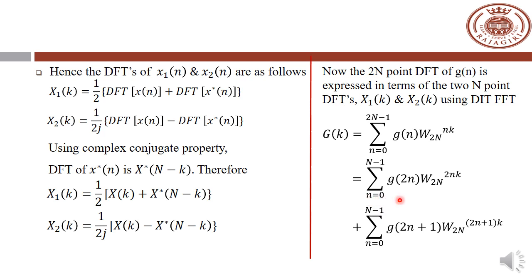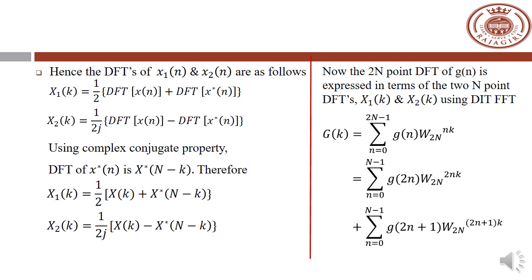Here, the first summation term represents the n-point DFT of the even numbered sequence, and the second summation term represents the n-point DFT of the odd numbered sequence.